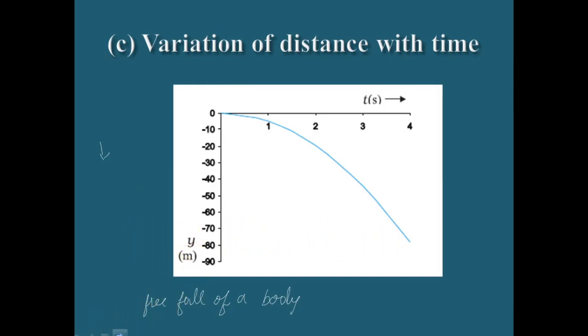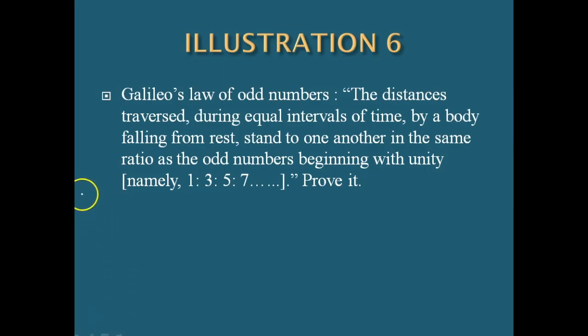Now let us see another simple illustration, that is Galileo's law of odd numbers. That law says the distances traversed during equal intervals of time by a body falling from rest stand to one another in the same ratio as the odd numbers beginning with unity.